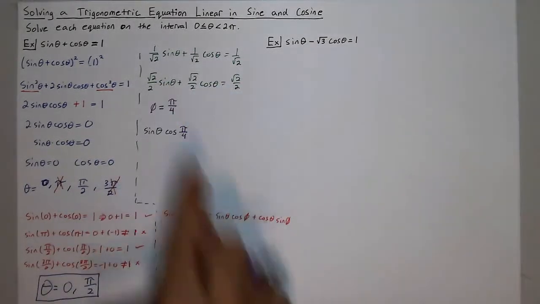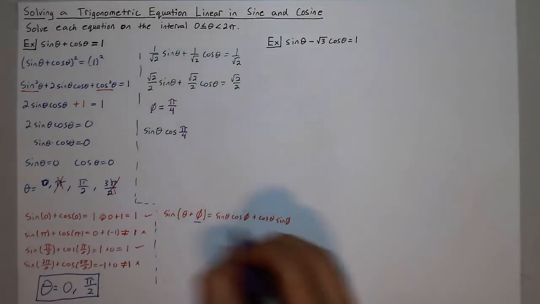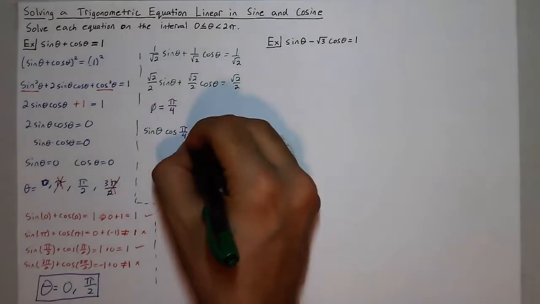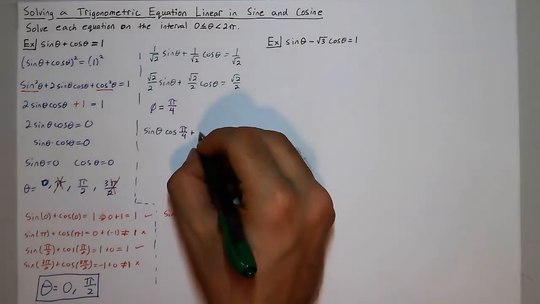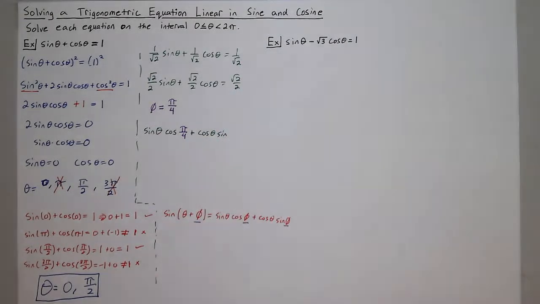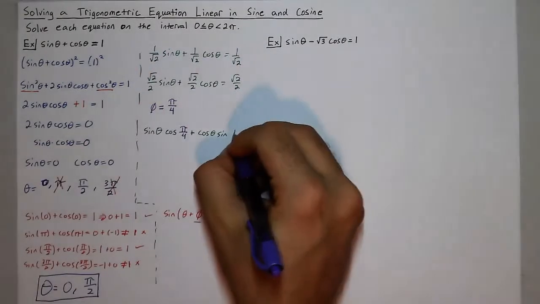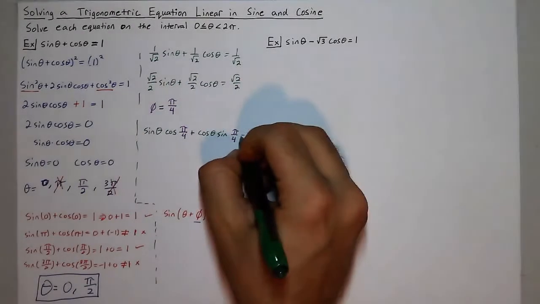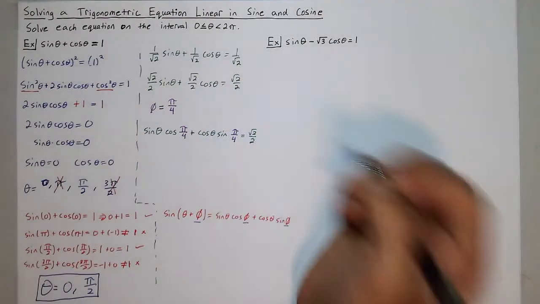I'm trying to figure out what this other angle would be. And then plus cosine of theta times sine of pi over 4 equals square root of 2 over 2.